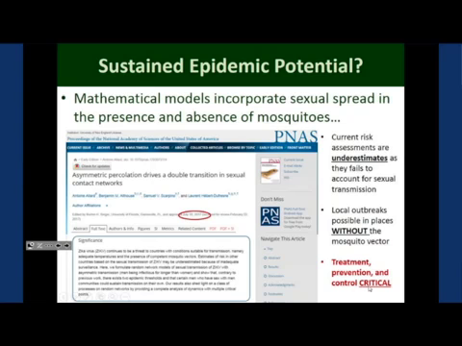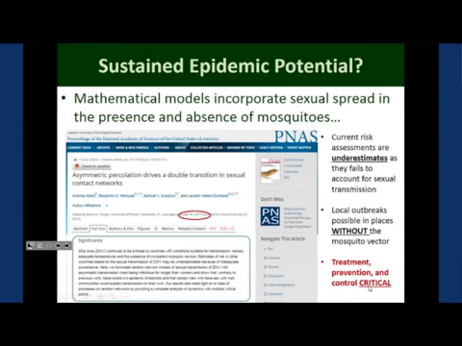This paper just came out, so it was available as an EPUB in July, but it came out to the masses August 3rd, so this is very fresh vintage. The title sounds kind of dry, but the juicy bits of this paper are in the abstract. Long story short, this was a group who does mathematical modeling, and specifically they do outbreak modeling. You can kind of tell there's a lot of math involved by the really jazzy title.